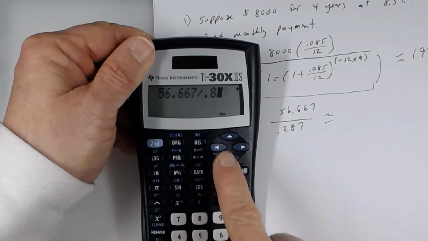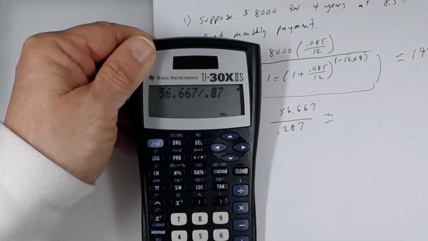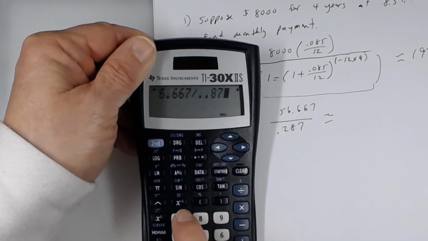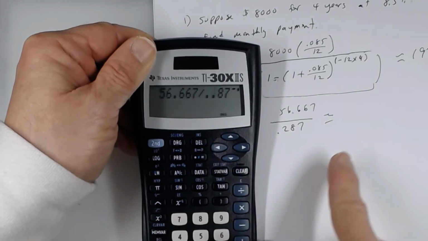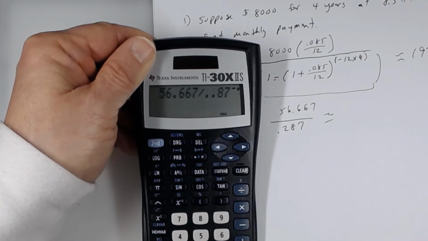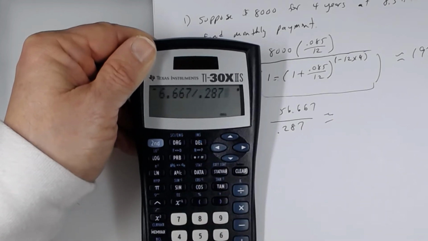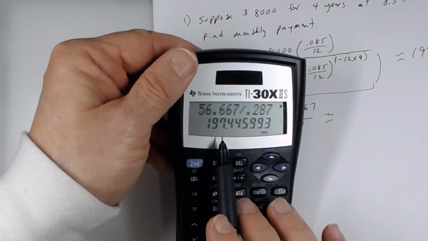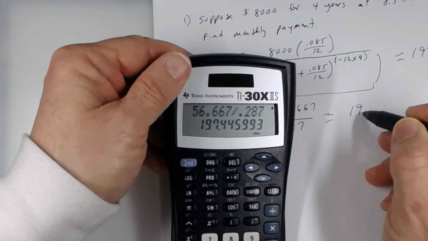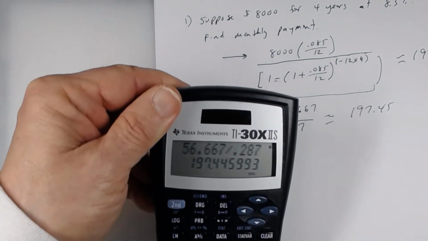Now, this is going to be an approximation. It won't be the same, but almost the same as the other one. But the more digits you put in, the better you get this. And notice by doing it this way, I was close. I got 197.45.